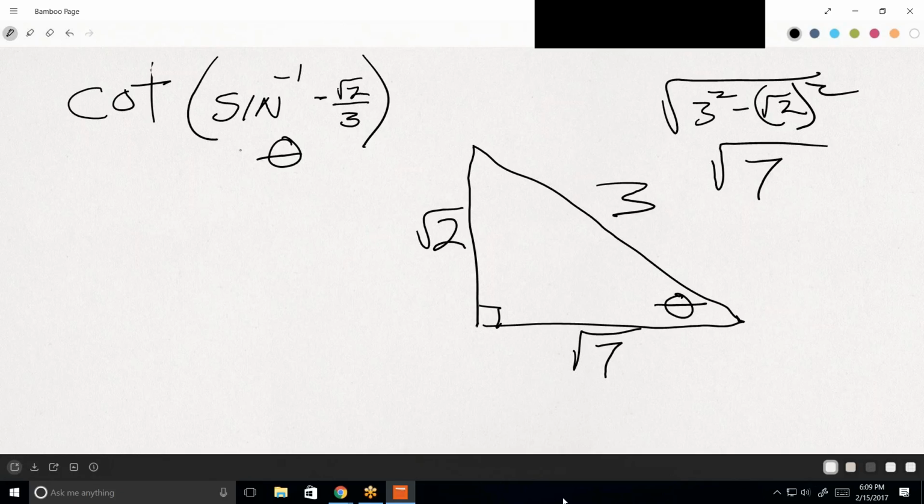When we take the cotangent of theta, what do we get? Negative root 7 over root 2. First from the triangle we get root 7 over root 2, and we know it's in the fourth quadrant, and cotangent's negative in the fourth quadrant, so I know it's got to be negative.